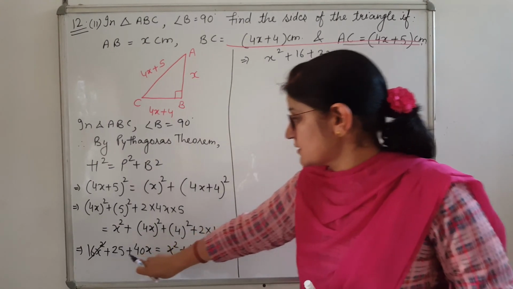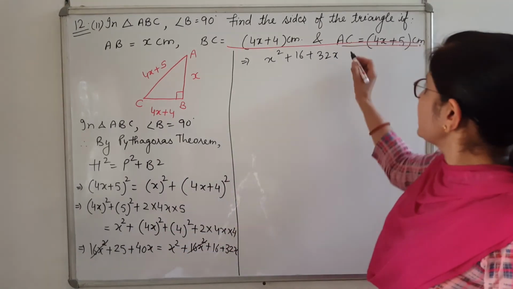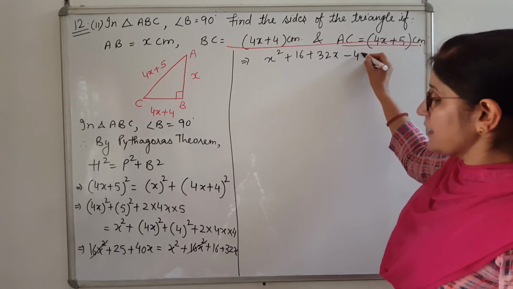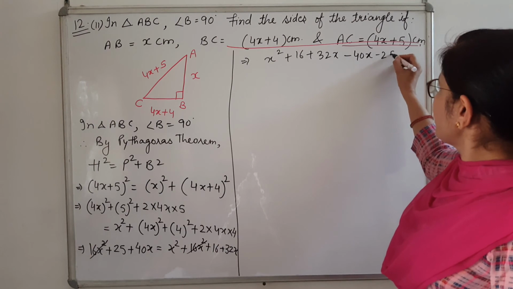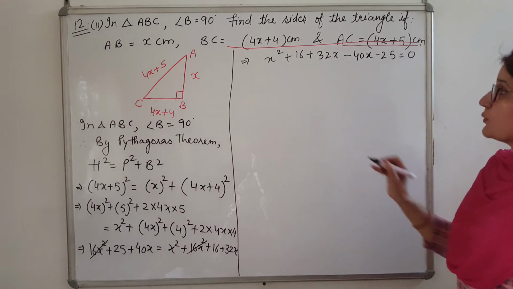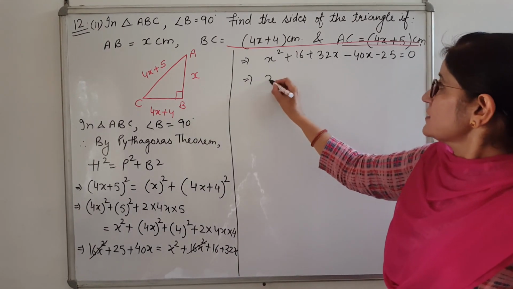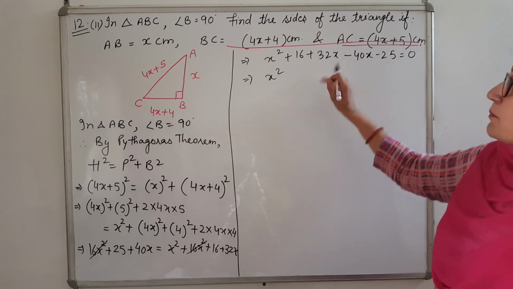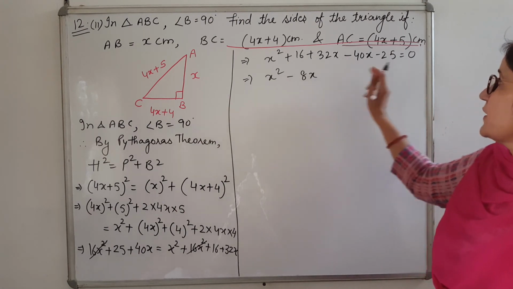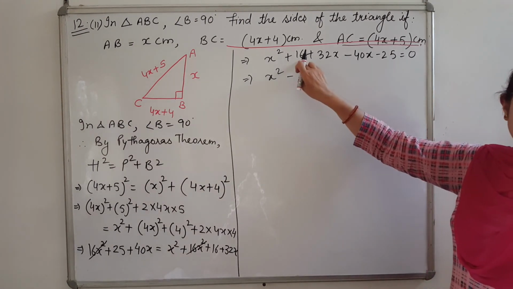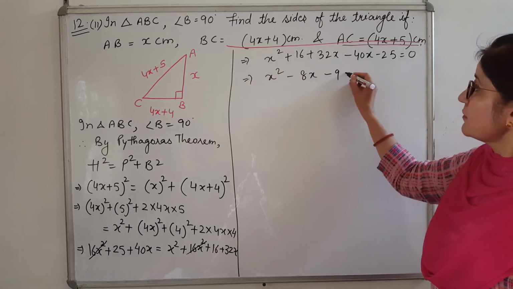These two terms, here it is plus, when we shift, what will come here? Minus 40x minus 25 equals 0. So x square minus 8x, and here minus 25 plus 16, minus 9 will come.